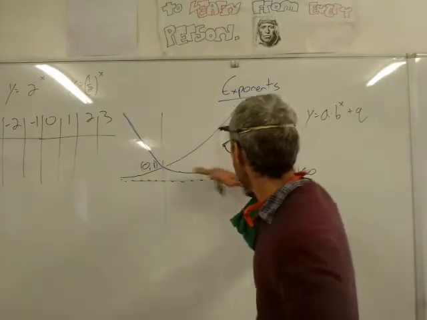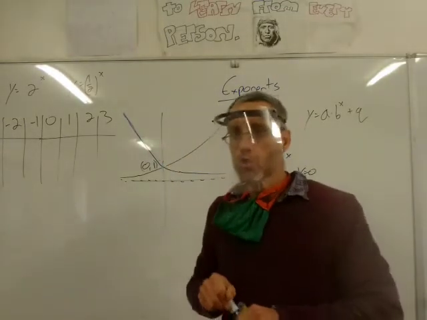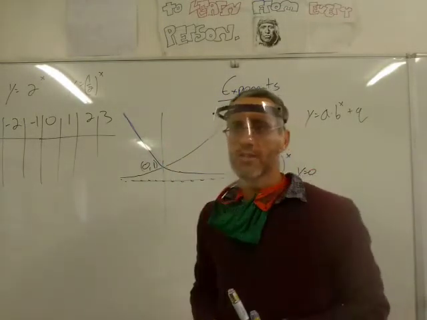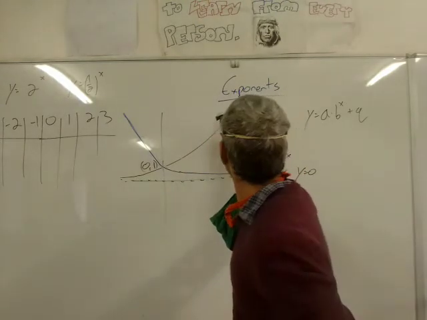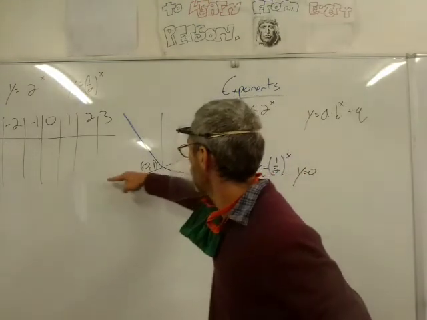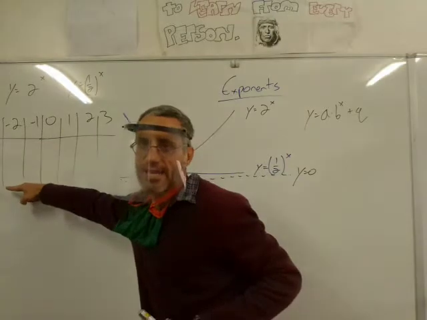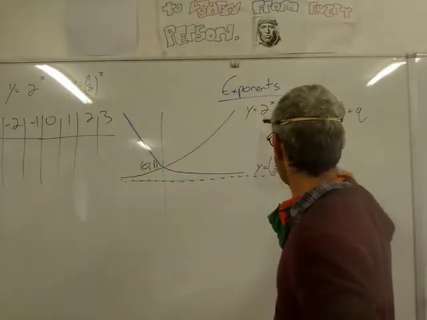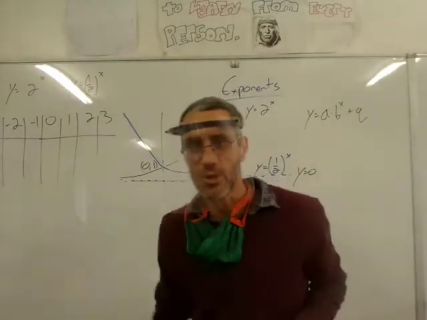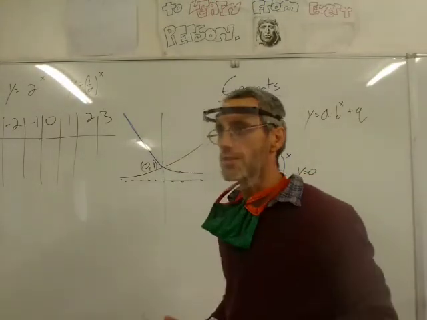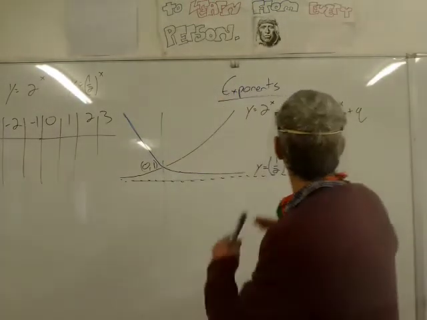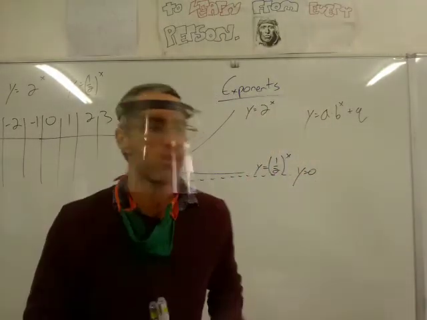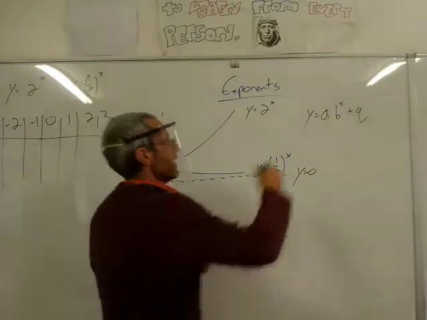Both these graphs get closer and closer and closer to it, but never really cross it. The y equals 2 to the power x will get closer as x goes to minus infinity, and the graph y equals half to the power x will get closer and closer as x goes to infinity, but they'll never really cross it.